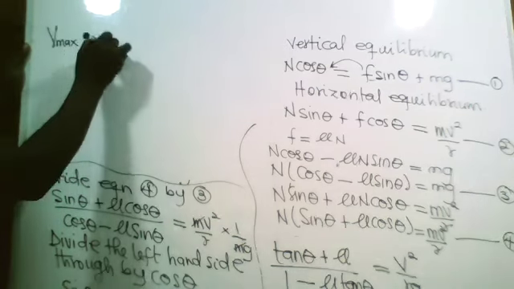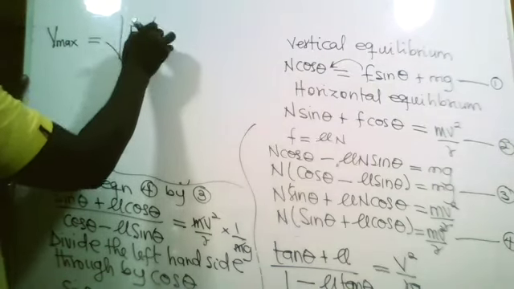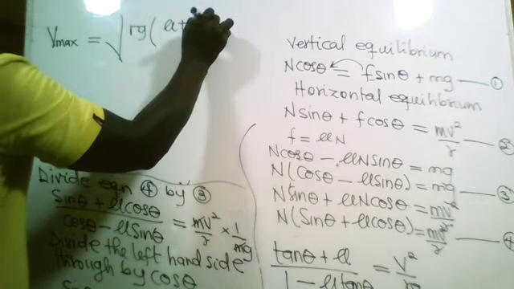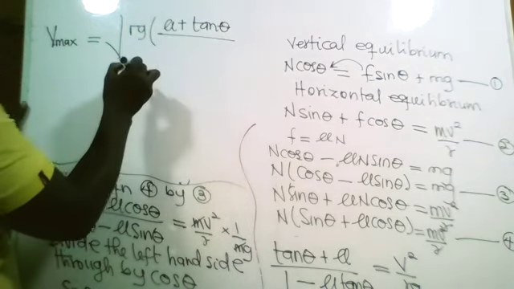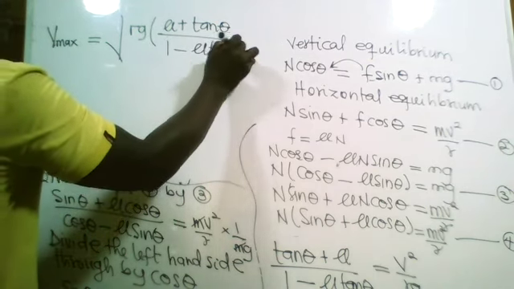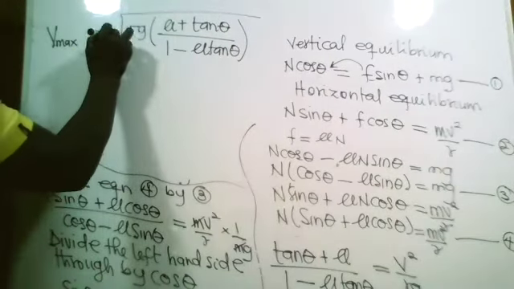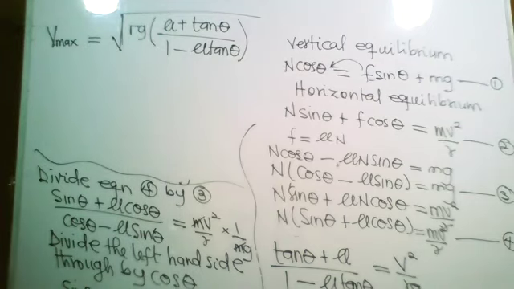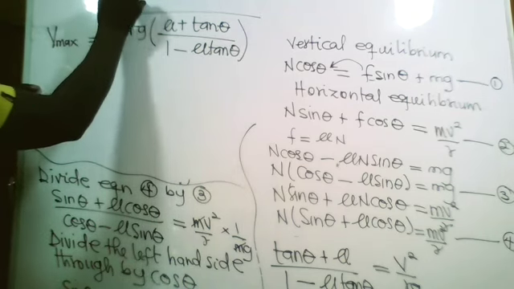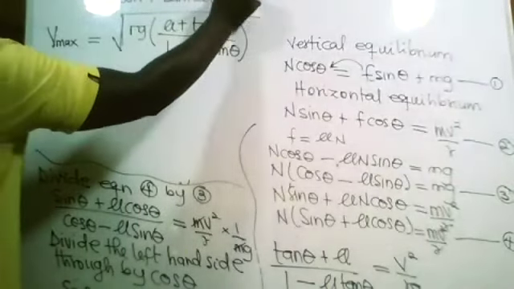So maximum velocity will be equal to the square root of RG times mu plus tan theta over 1 minus mu tan theta. So this is the expression for maximum velocity when we are considering friction plus banked angle.